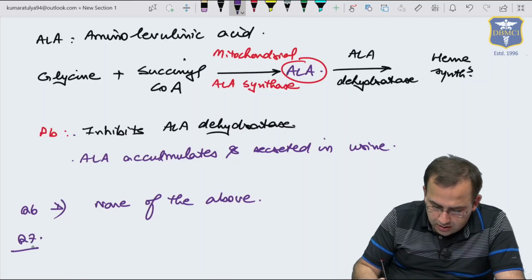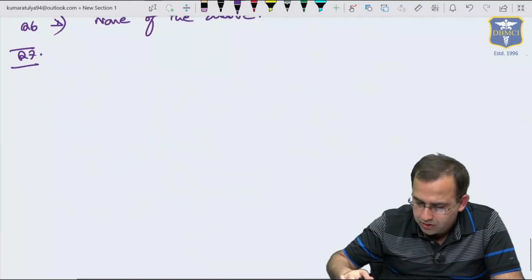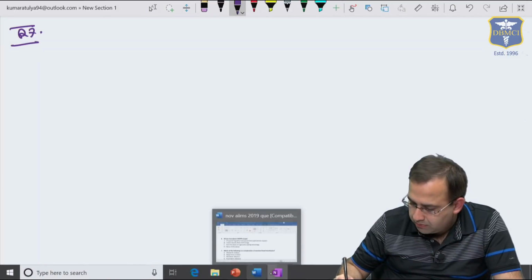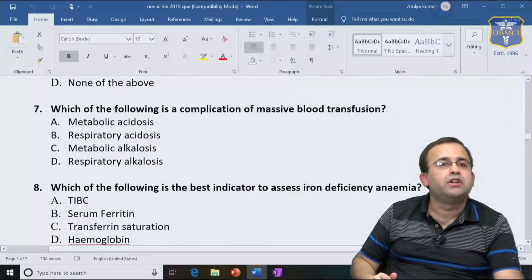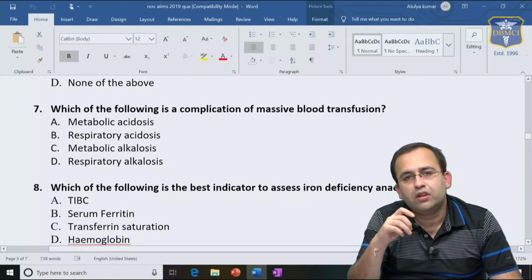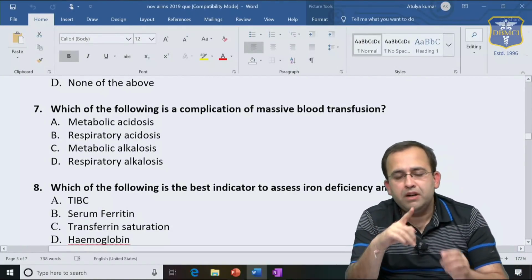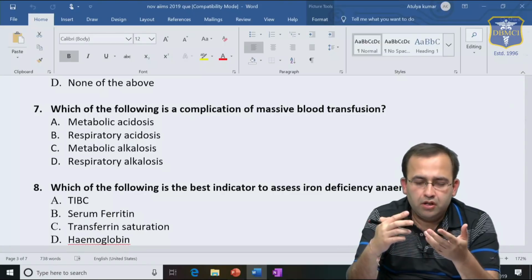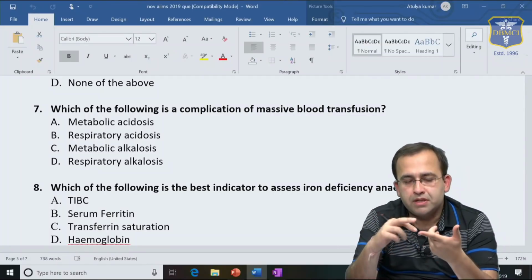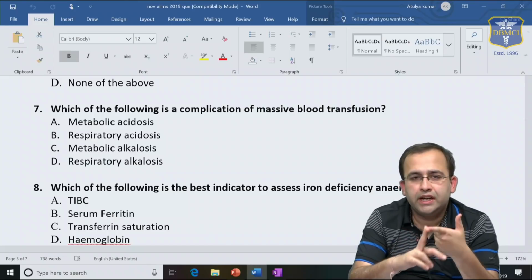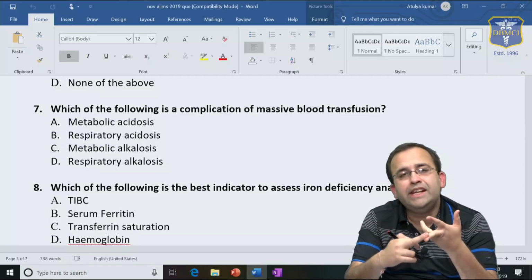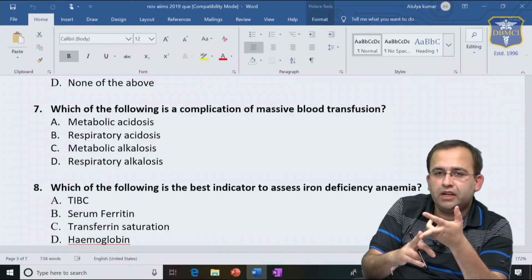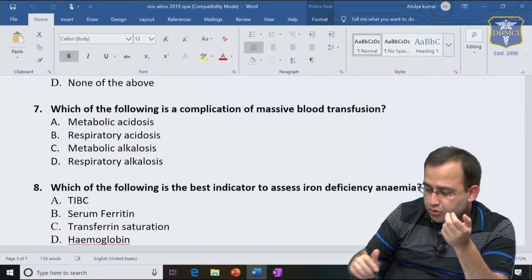Next, this gets us to the next question, that is question number 7. Complication of massive blood transfusion, repeatedly discussed. Blood banking is the only chapter in which, in the previous 3 papers, May AIIMS 2019, November AIIMS 2019, NEET January 2019, we had close to 7-8 questions.